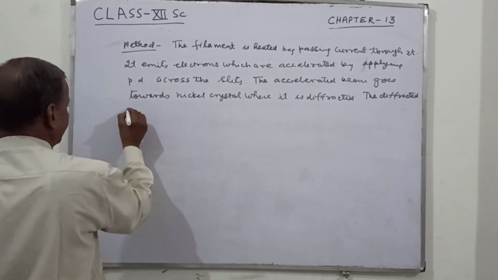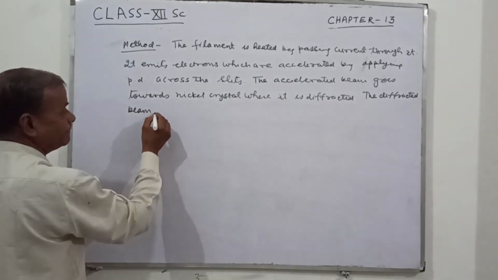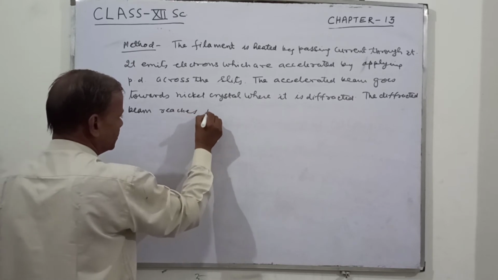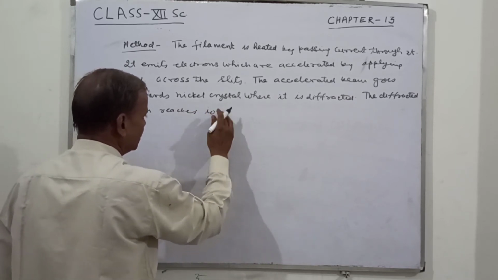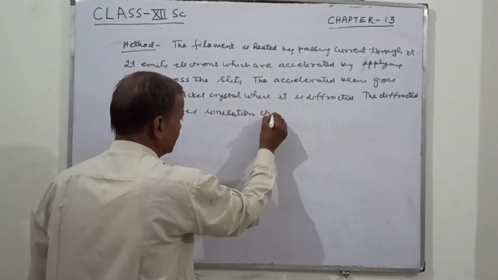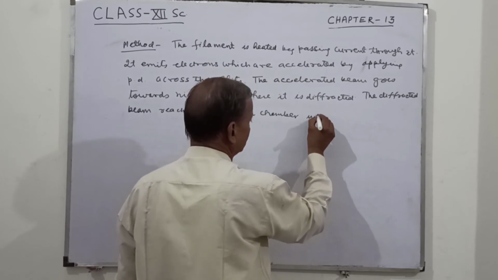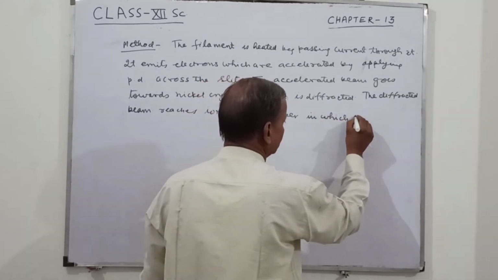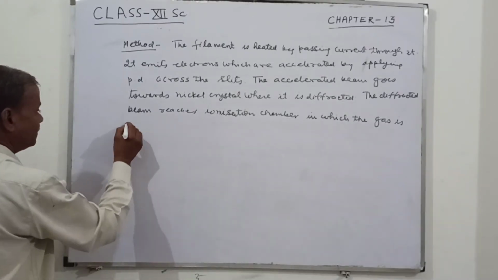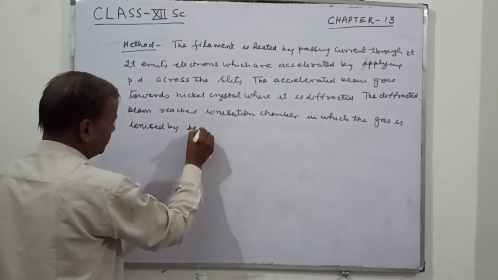The diffracted beam reaches the ionization chamber, in which the gas is ionized by the beam.